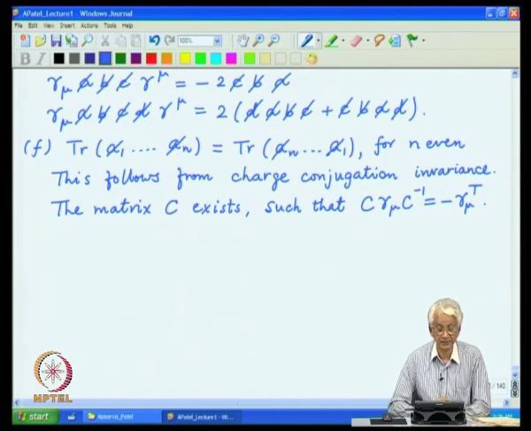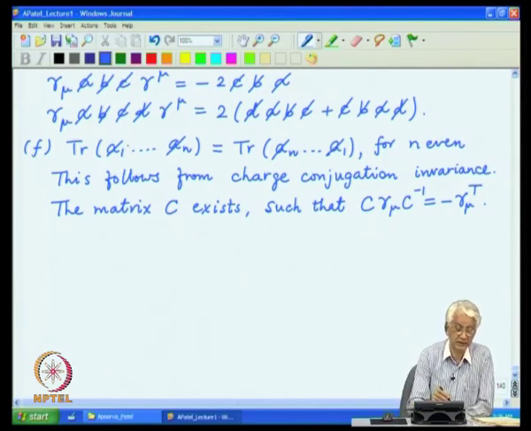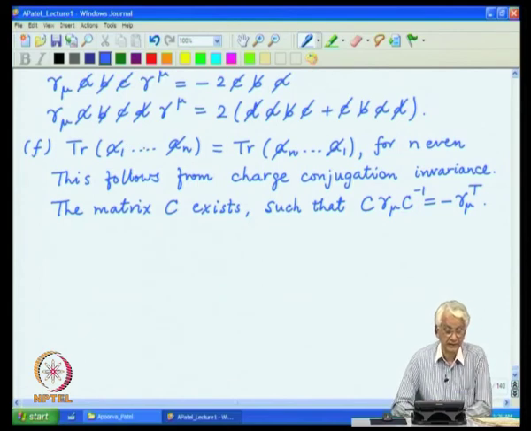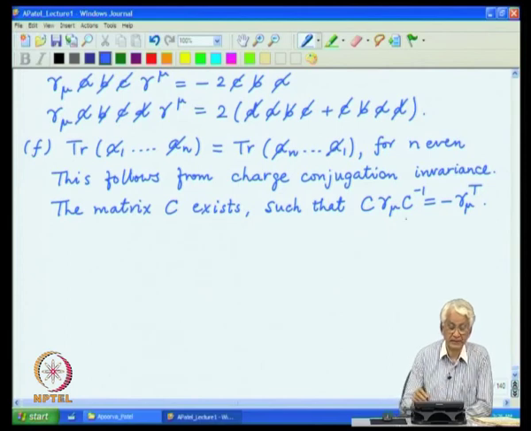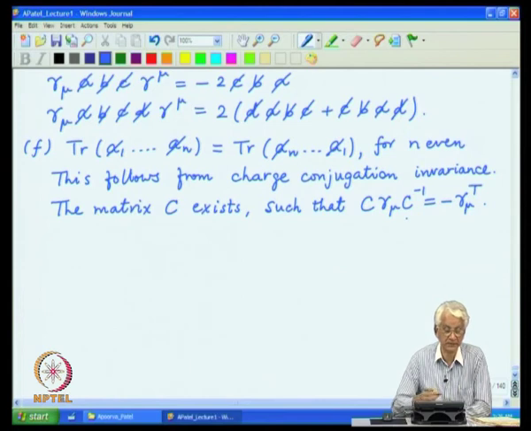One can just insert C and C inverse between each A i slash and A i plus 1 slash and rewrite this whole string, and C multiplied by C inverse of course is a trivial insertion of identity.